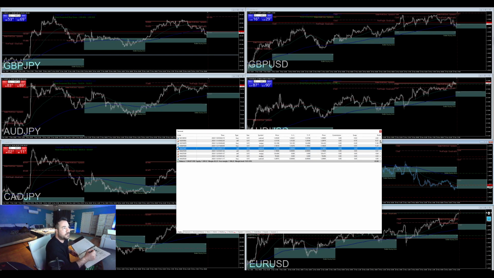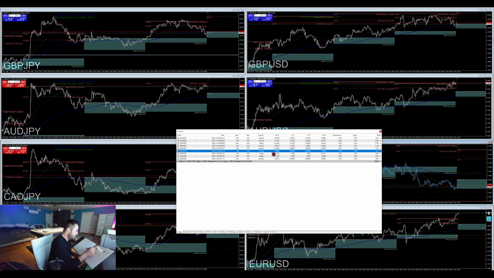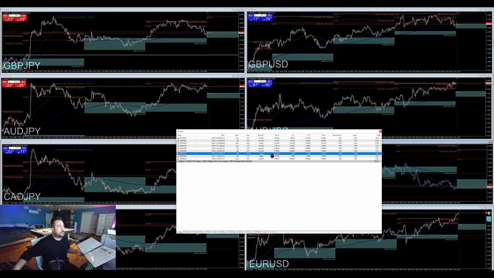AUD. This one is a sell and swing trade. Euro USD is 5529, and it's a sell. 5530 is Euro Yen.